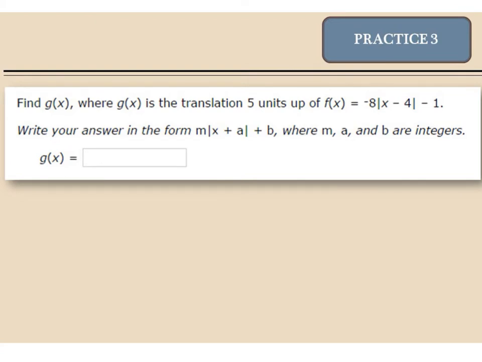Number 3, they want you to write the equation of g of x, where it is the translation of 5 units up of f of x equals negative 8 times the absolute value of x minus 4 minus 1.